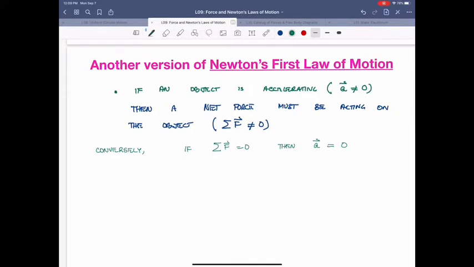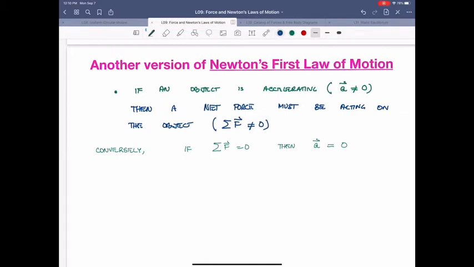So it doesn't mean that no forces are acting on the object. You could have a bunch of forces acting on it, but you figure out the vector sum of all those forces. We know how to do this because we know how to add vectors using the components. So you figure out the sum of all the forces acting on that object, and suppose you find it zero, then that object cannot be accelerating.